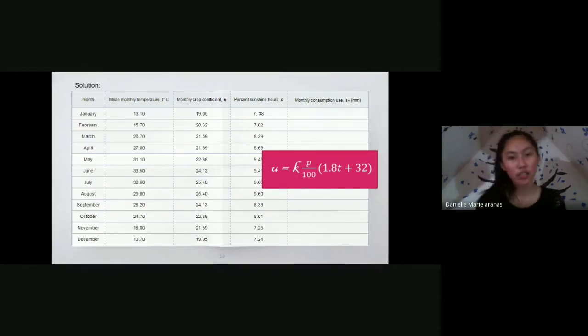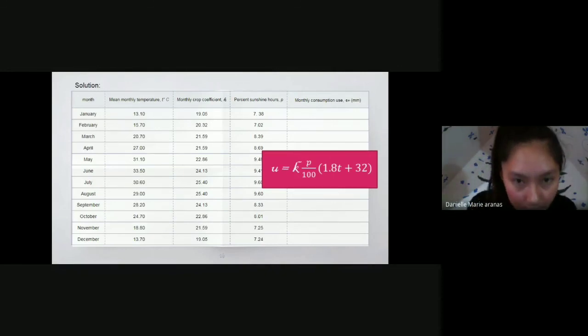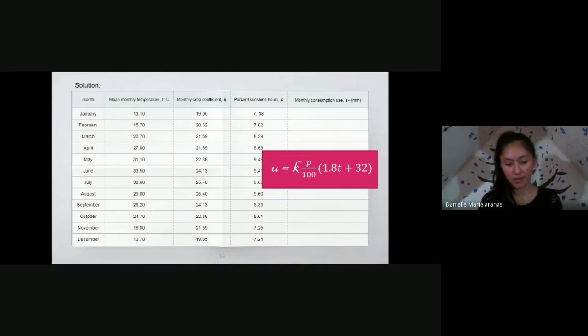So we're going to try it in our calculator. First, we have here the K, 0.05, times the percentage, 7.38. 7.38 divided by 100 times 1.8 times its temperature, 13.1, plus 32.